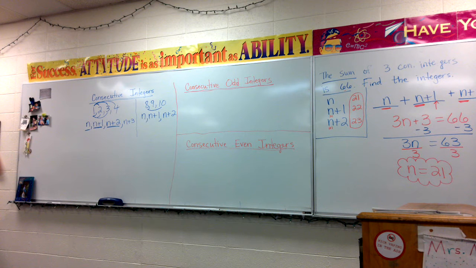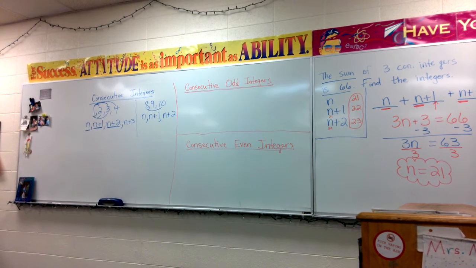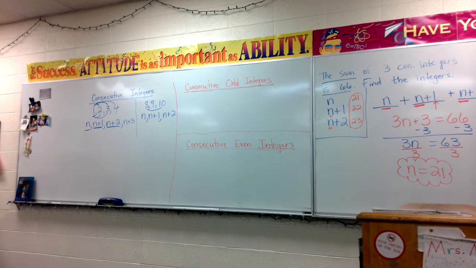Can you see consecutive even and consecutive odd up there? I can't see on my screen. Can you see that where it says consecutive odd? There's something under there. Am I going the wrong way? Right here?